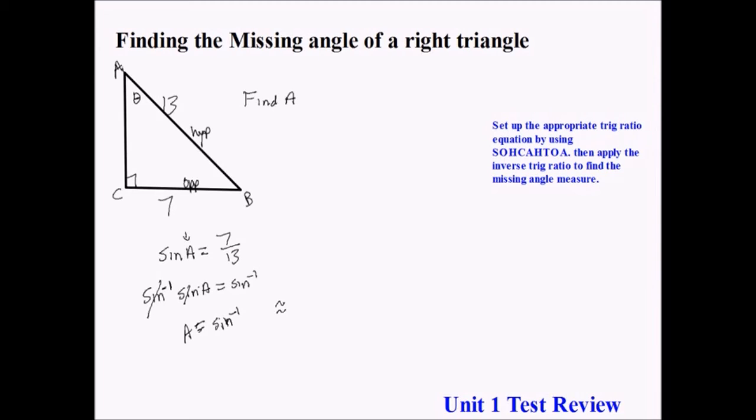We want to get rid of sine, so we would use sine inverse. And whatever we did to one side of the equation, we would do to the other. These cross out, and A is approximately equal to sine inverse of 7 over 13. And that's going to be approximately 32.6 degrees.